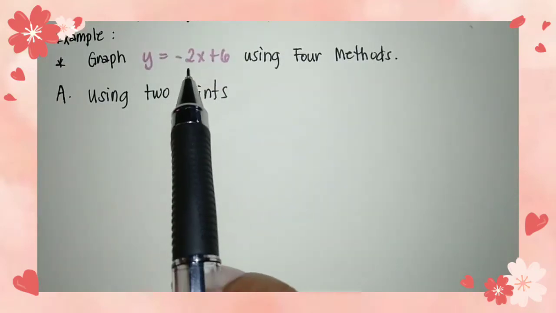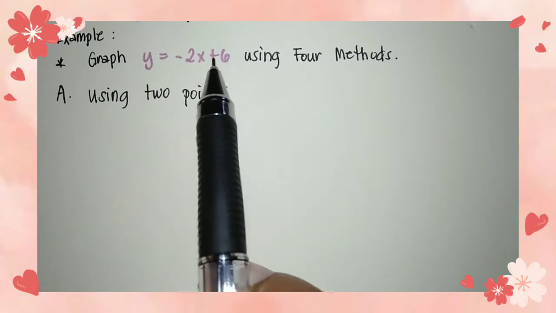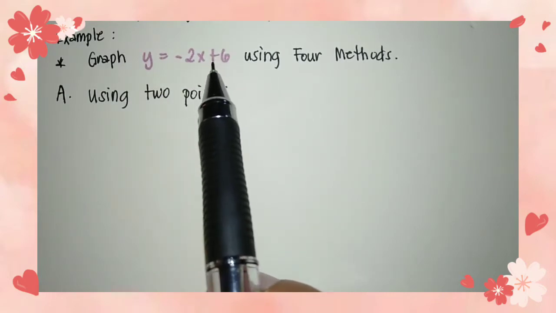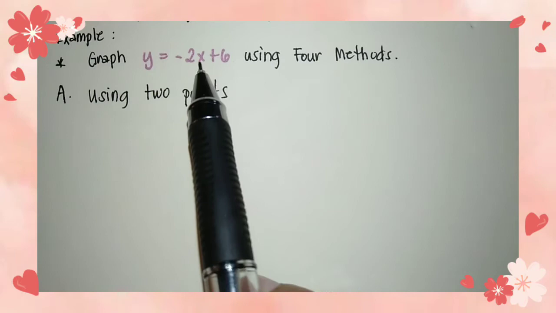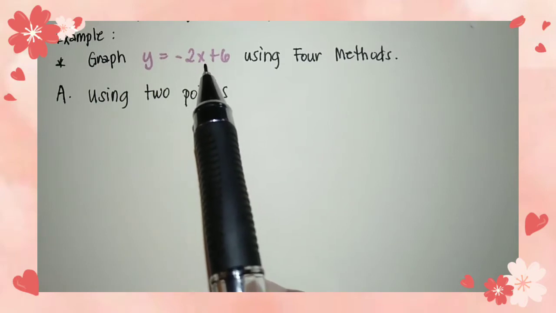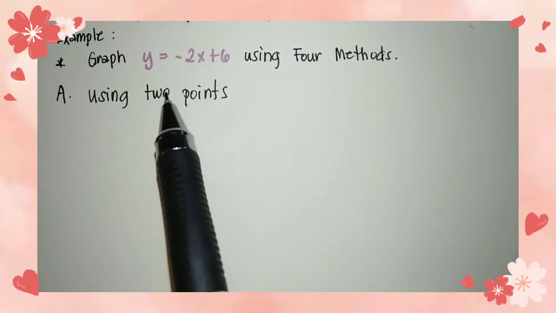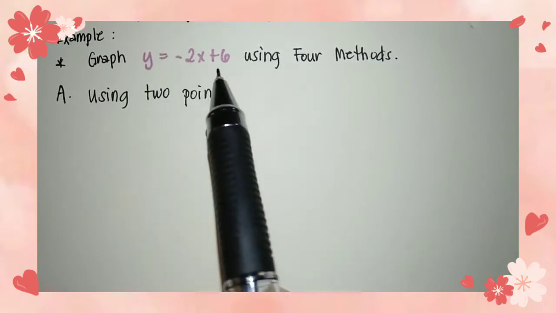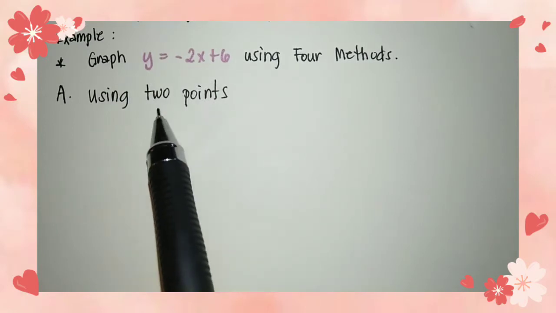We have y is equal to negative 2x plus 6, and this equation is in the slope-intercept form wherein y is equal to mx plus b, right? So what are we going to do first is to graph this linear equation using 2 points.